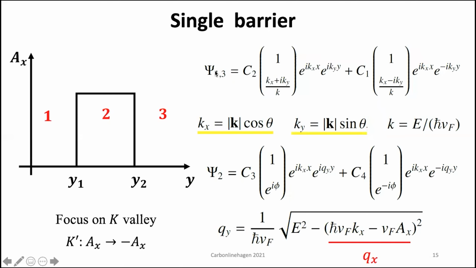I will look first for solutions that are extended waves in two dimensions. That means plane waves in the x direction, in regions 1 and 3, where there is no barrier, and in region 2, because of the translation invariance along x. Along y, I will also propose plane wave solutions in 1 and 3, where I don't have any barrier, so I have free electrons.